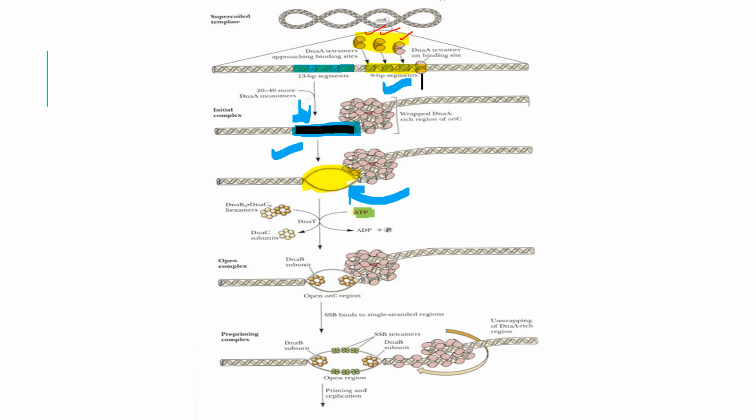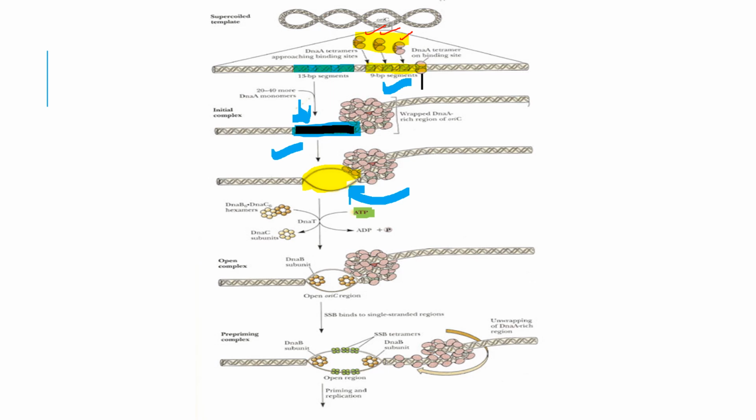I hope you can understand this diagram, because it looks difficult but it's pretty simple. The main thing I want to tell you is that the initiator protein helps in the unwinding of the DNA strand. The origin of replication is 245 base pair long, and it has 3 13-mer repeats and 4 9-mer repeats.